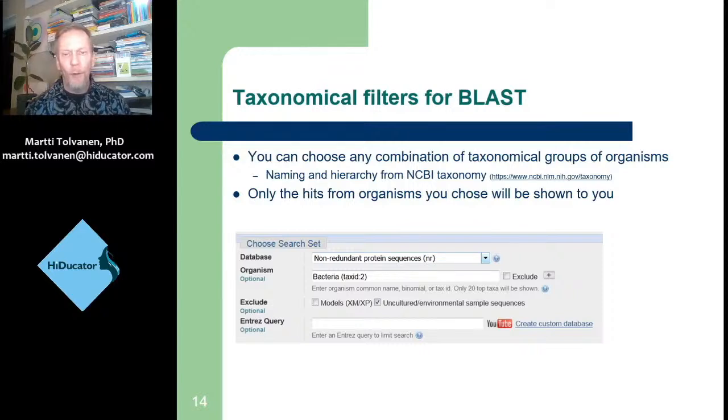But then you can also add a line and then put a tick mark in the exclude box. It would mean that you are looking for the first group, but not anything that is in the second group, and we'll have an example in the demo.